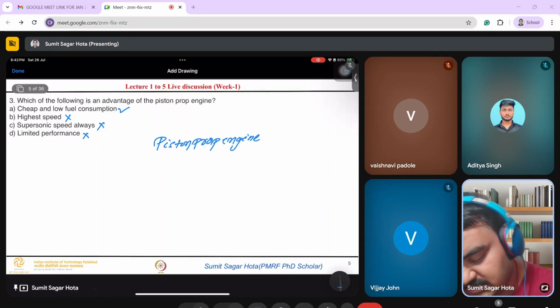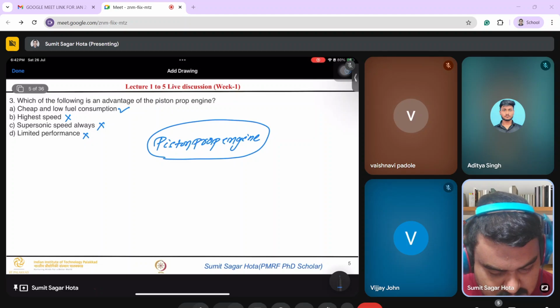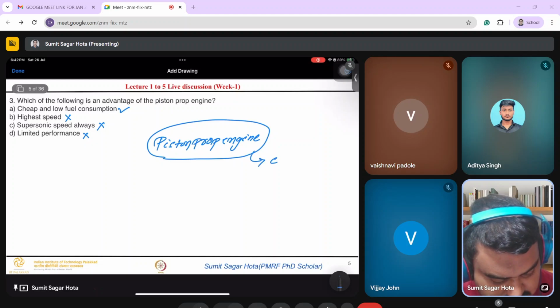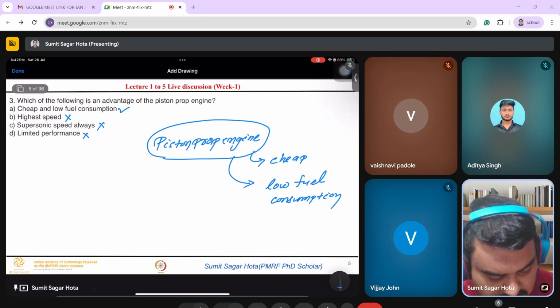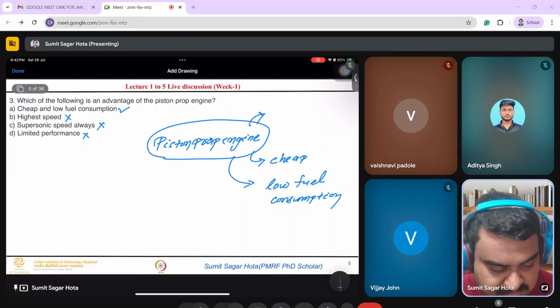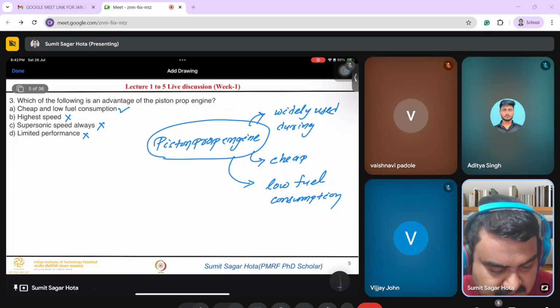The piston prop engine is cheap and has low fuel consumption, but this is actually a very old kind of system, widely used in the early 1990s or those eras.